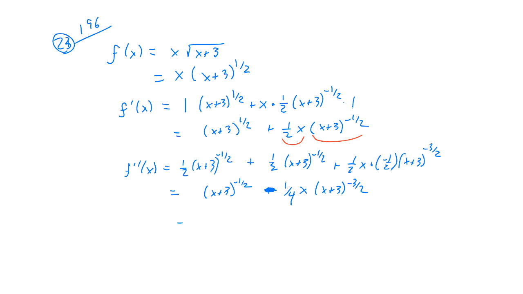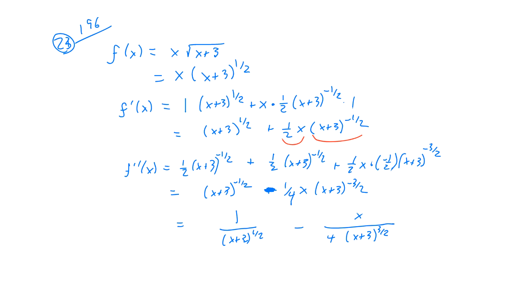So let's see what this looks like. This is 1 over (x + 3)^(1/2), minus, in this fraction, I've got a 4 in the denominator, (x + 3)^(3/2) in the denominator and an x in the numerator. So let's get a common denominator.